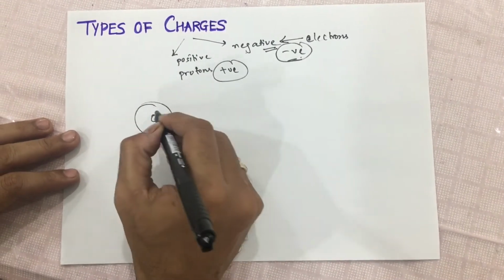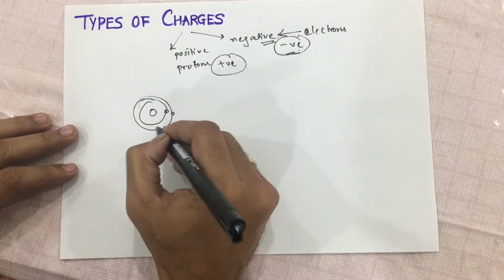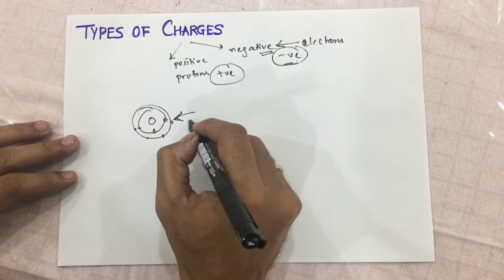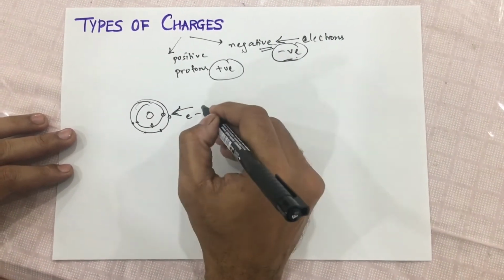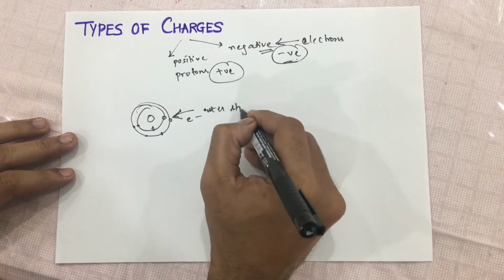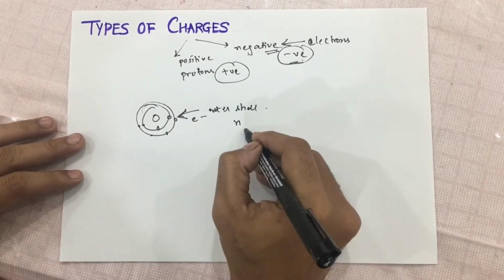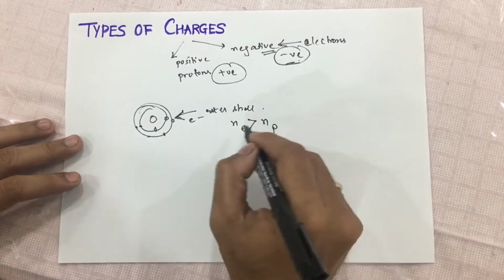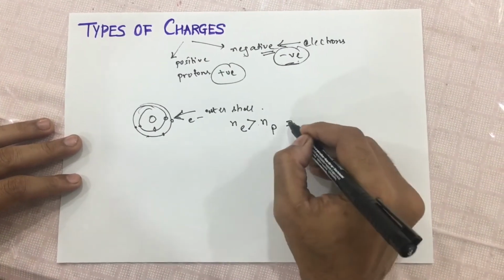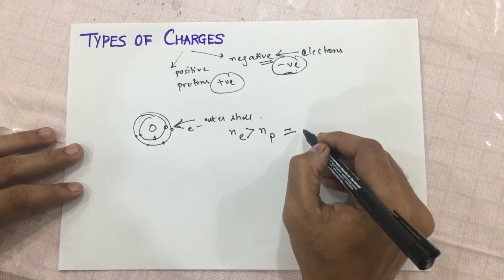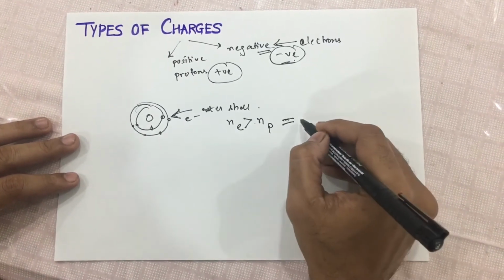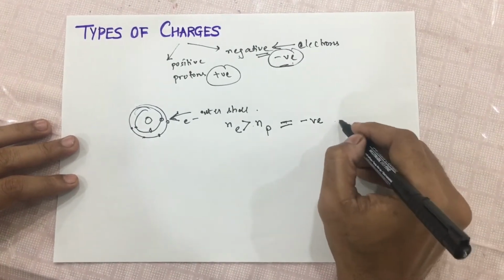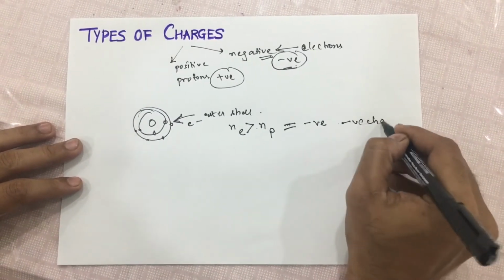This is an atom, as I've already said, and these are the electrons. When it accepts electrons in the outer shell of the orbit, the number of electrons becomes more than the number of protons. So the net amount of charge within the atom becomes more negative, so it develops a negative charge. So the atom is said to be negatively charged.